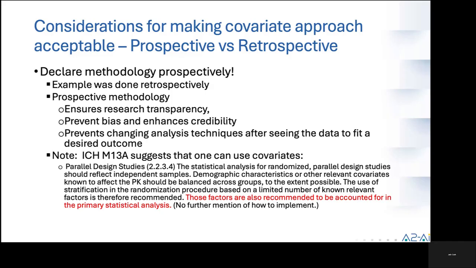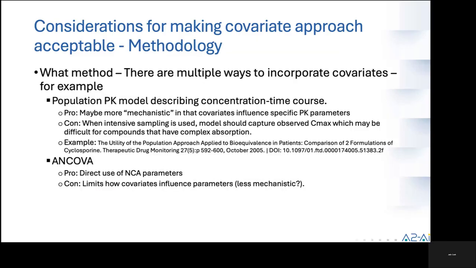I will note that ICH M13A suggests one can use covariates. In the parallel design study, they recommend that you should try to balance these covariates across groups, but they also recommend those factors be accounted for in the primary statistical analysis. However, there is no further mention of how to implement that, and that's what I'll go through in the rest of the presentation.